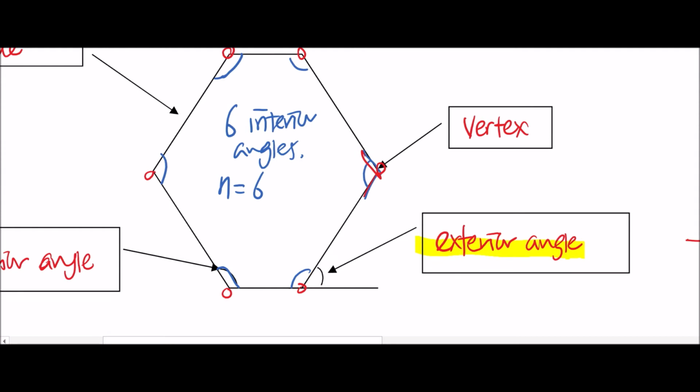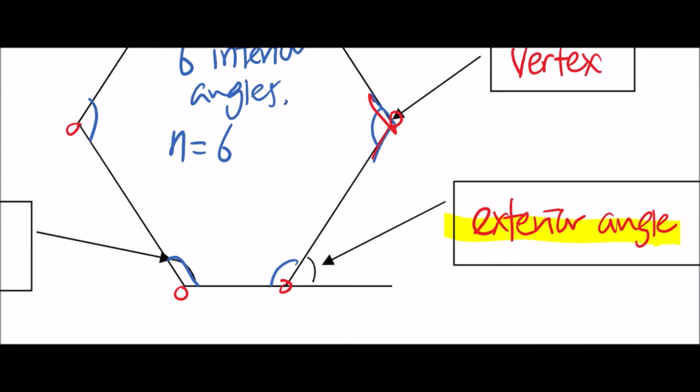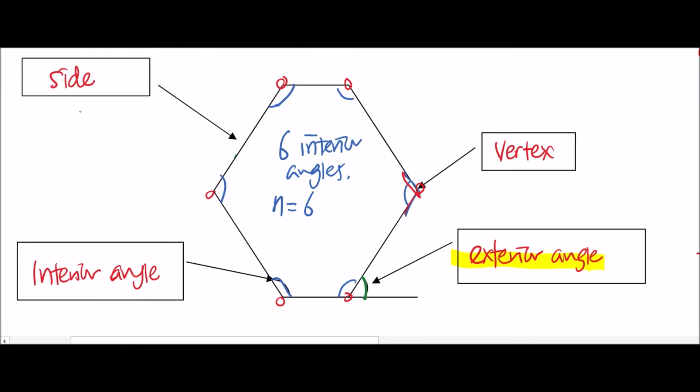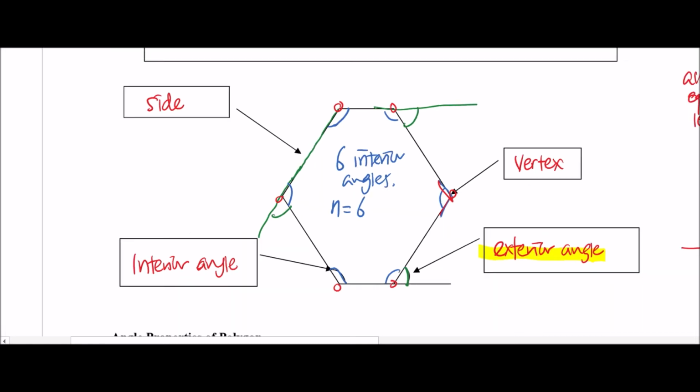But we have learned from the triangle how we obtain an exterior angle, right? So the whole idea is this: you just need to extend one of these sides of the regular shape, and then you can mark out an exterior angle, something like this or this, right? Okay, so let's move on from here.